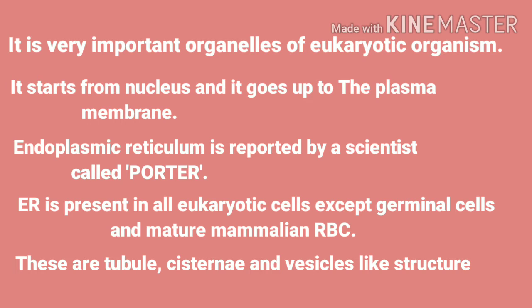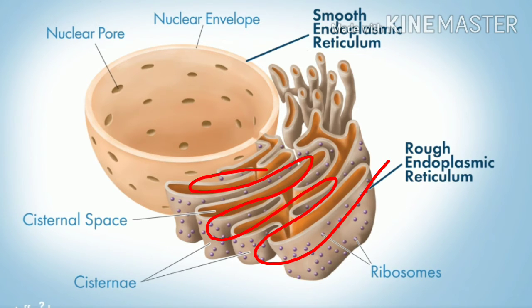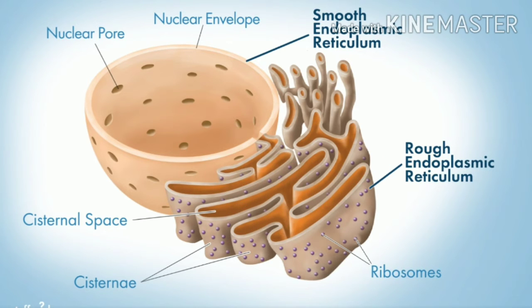Right, and we could find different structures of endoplasmic reticulum. It means it could be found in different forms, right? So what are these structures? Let us first look at the different parts of the endoplasmic reticulum. This fold is cisternae, and between the cisternae is the cisternal space or lumen, correct?